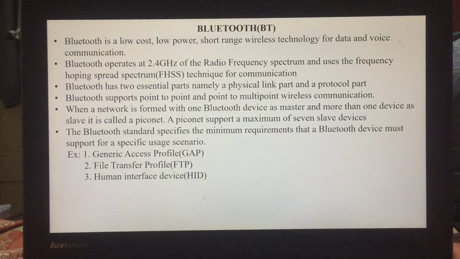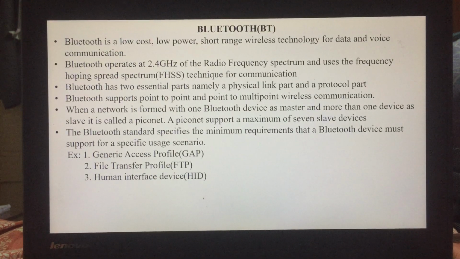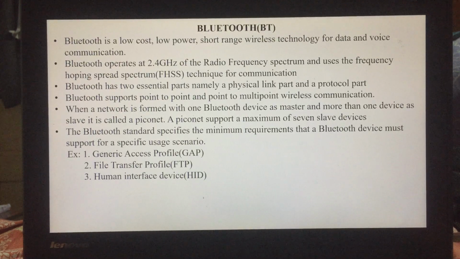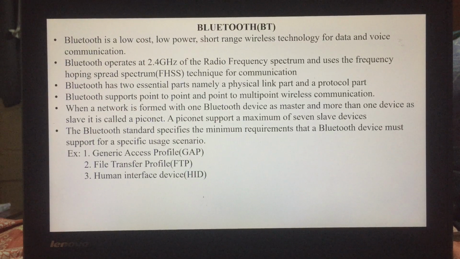Bluetooth is a low-cost, low-power, short-range wireless technology used for data and voice communication. Bluetooth operates at 2.4 GHz. It comes in the radio waves range of the electromagnetic spectrum and uses the frequency hopping spread spectrum (FHSS) technique for communication.